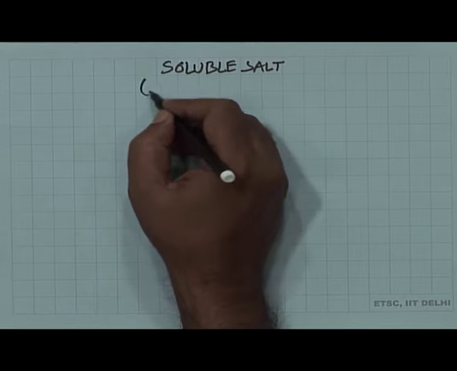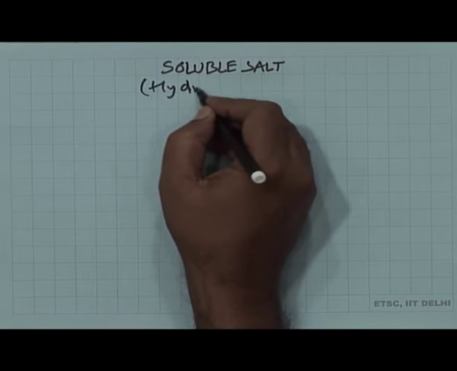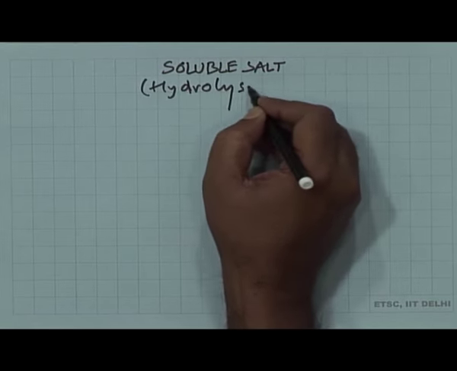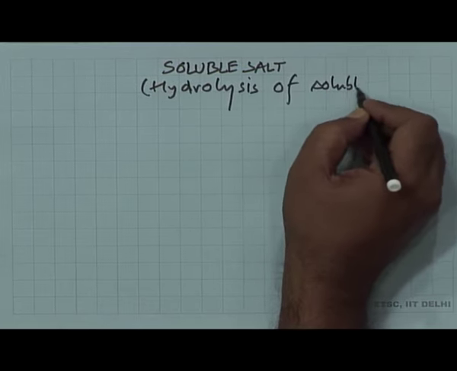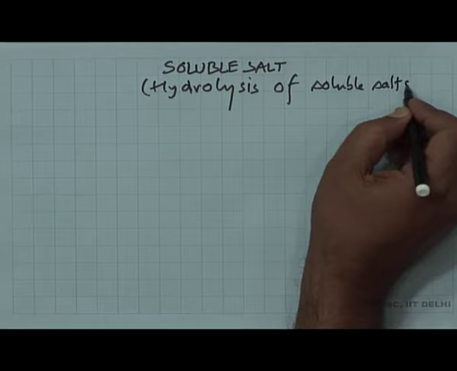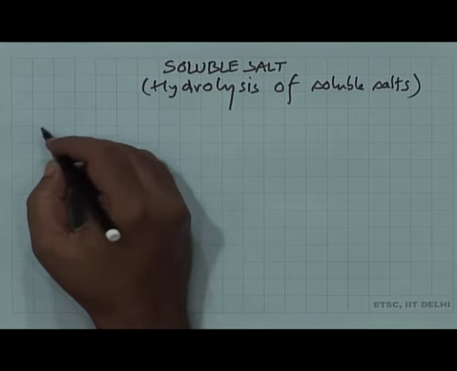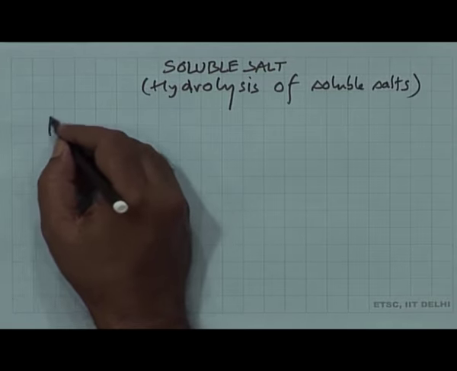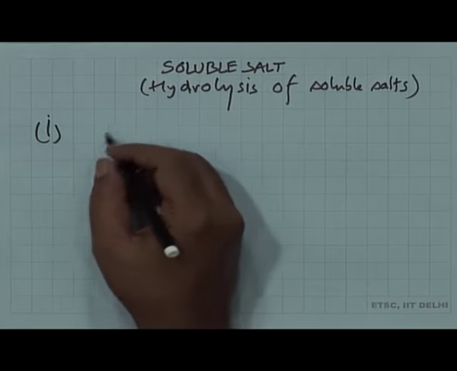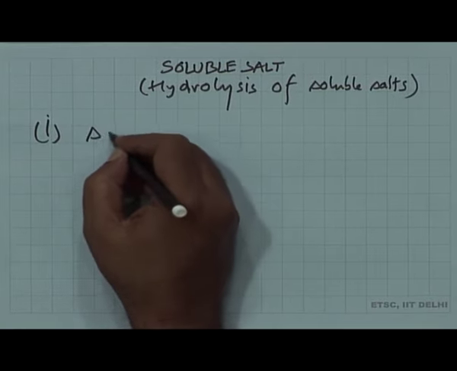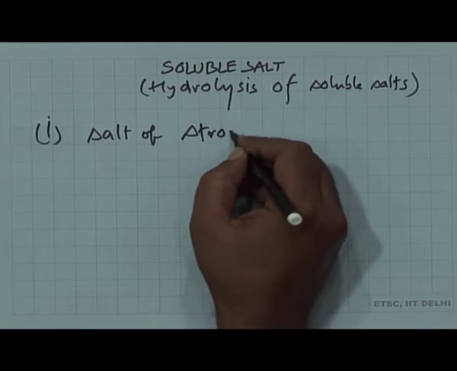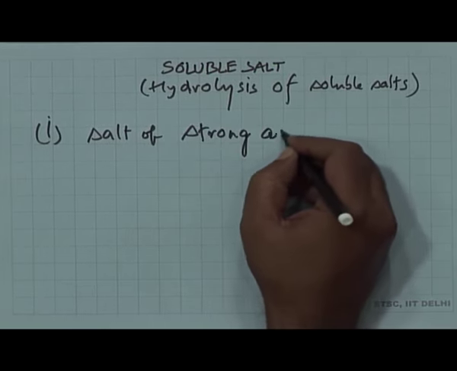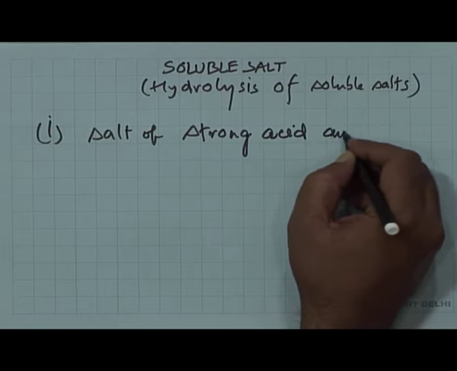So, hydrolysis of soluble salt. There are 4 different types we are going to consider. First is salt of strong acid and strong base.